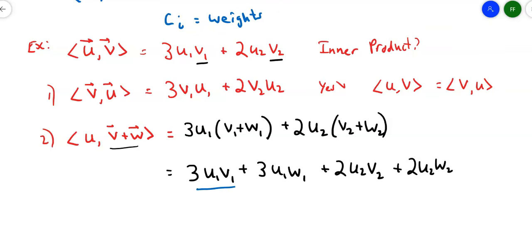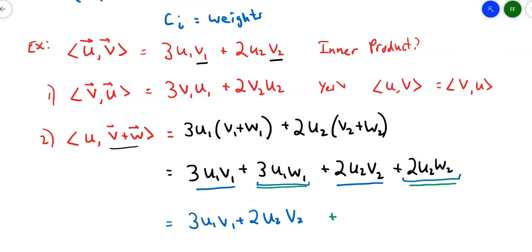Let's take this one and that one because they both deal with u's, and then I'll alternately take this one and that one. So that'll give me 3u1 v1 plus 2u2 v2, and then the second part will be this part and that part. So it'll be 3u1 w1 plus 2u2 w2.